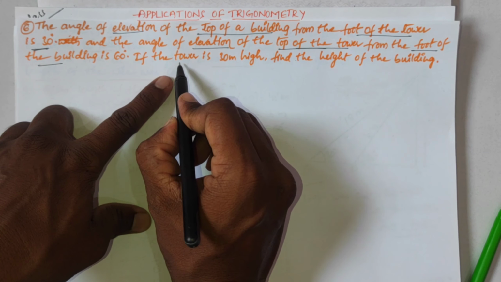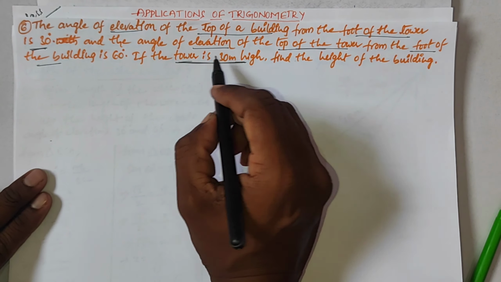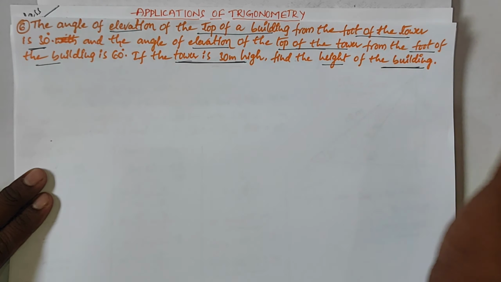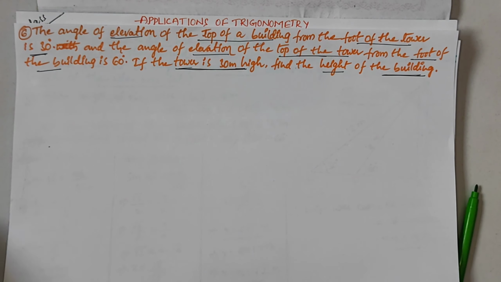And given that the tower is 30 meters high, find the height of the building. We have to find the height of the building, right? So for this data, first we will draw the figure.